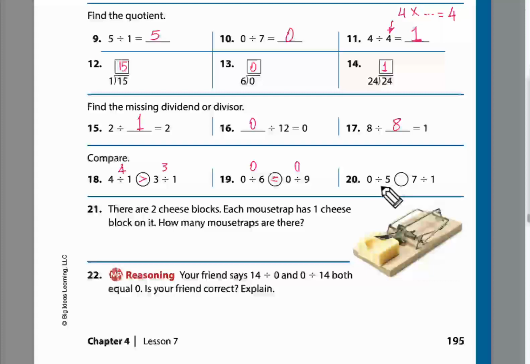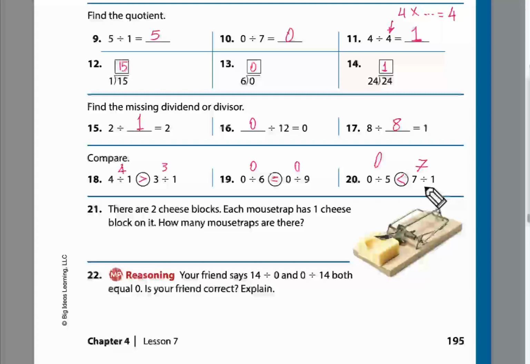What is 0 divided by 5? 0. And what is 7 divided by 1? 7. So, 0 is greater than or less than 7? Less than. Thank you. Great work, Ahmed.